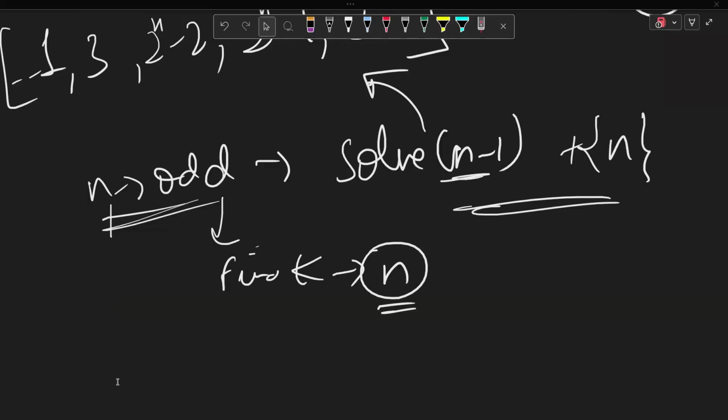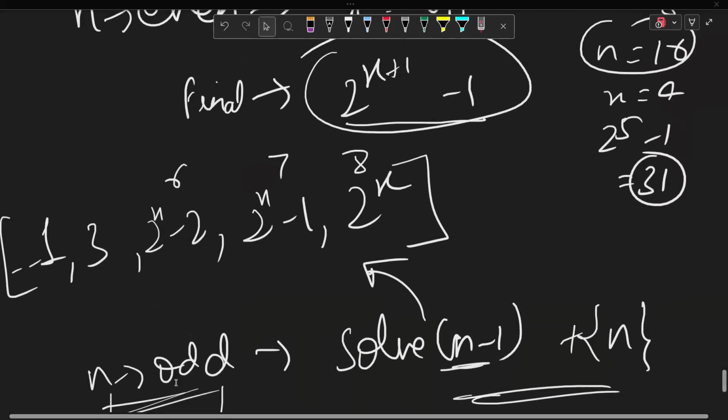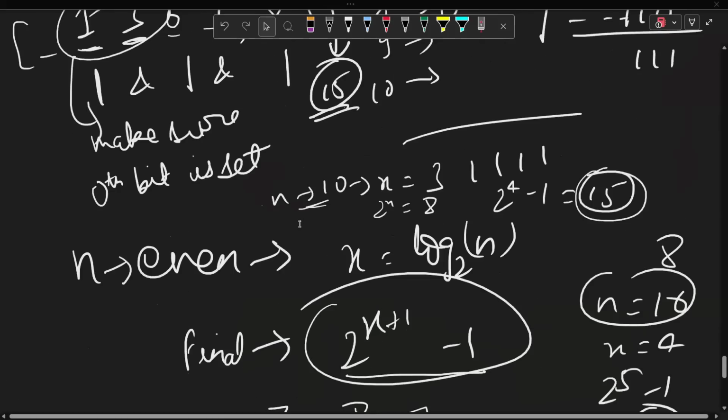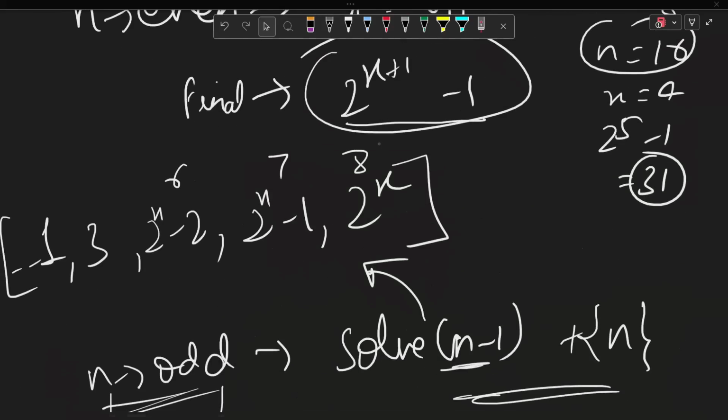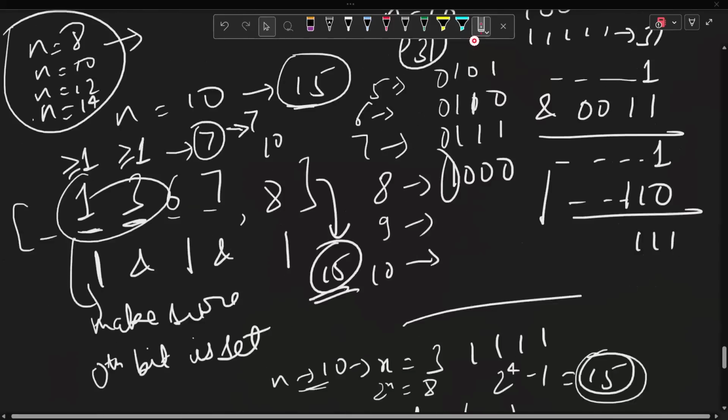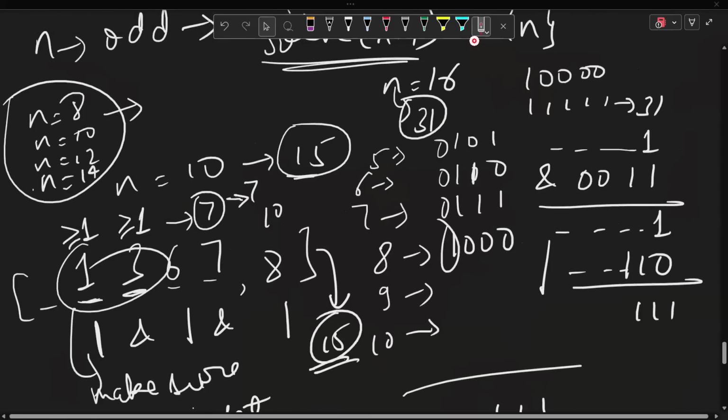Okay, so I think we can move to the code. If you have any doubts in this logic, you can ask. Basically, we had to maximize the number, so you have to look at the problem a little bit bitwise to understand. I hope this is clear to you.